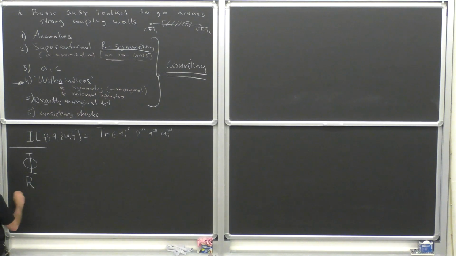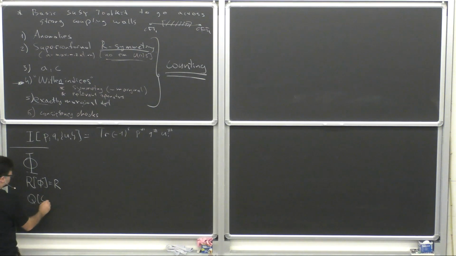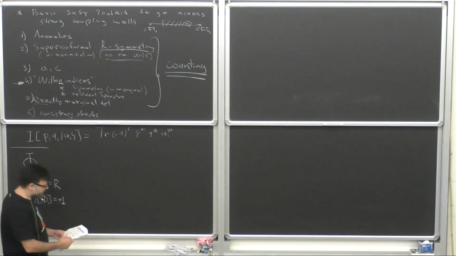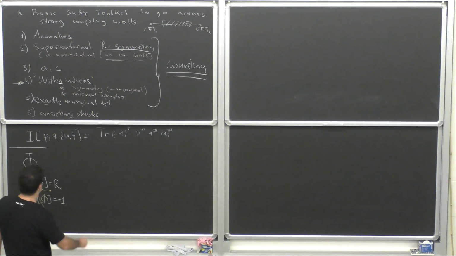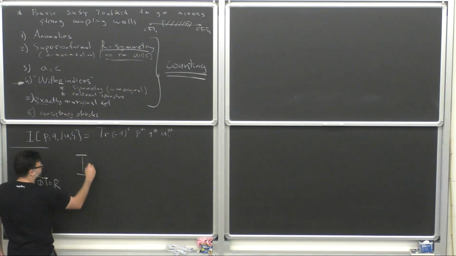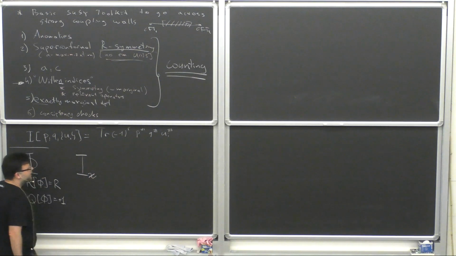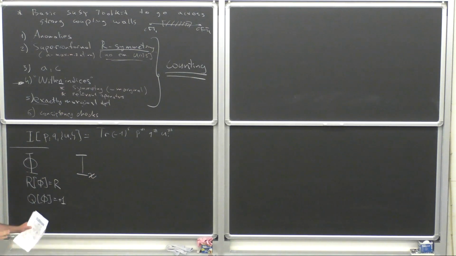So the R charge of phi, let us call it r, and the charge under the U(1) global symmetry which can rotate this field phi, let us just choose to be +1. It's just a choice. Then the claim is that the index of the single chiral field has the following form. I will tell you what it is and then explain briefly where it comes from.